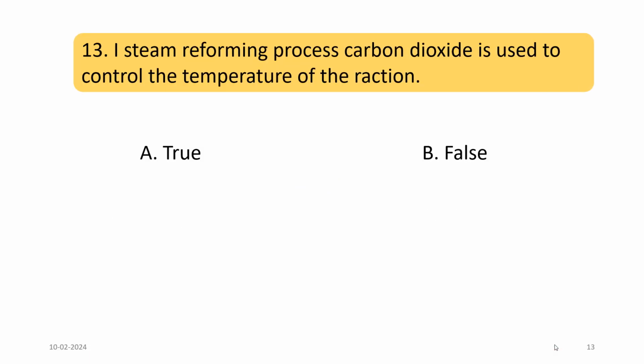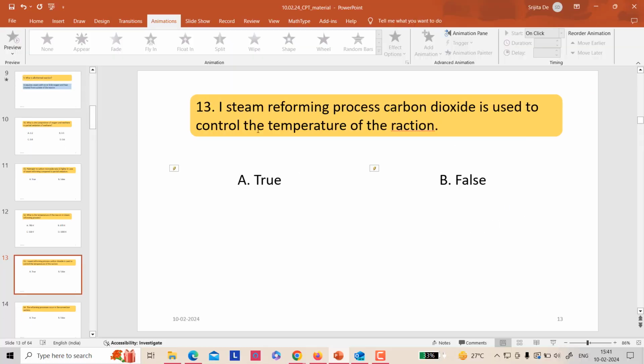Next is the steam reforming process. In the steam reforming process, carbon dioxide is used to control the temperature of the reaction. True or false?